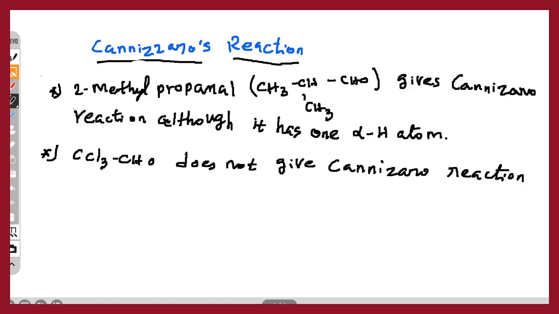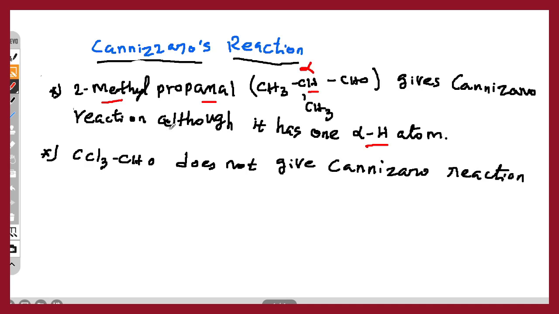See, important: 2-methyl propanal gives the Cannizzaro reaction although it contains 1 alpha hydrogen. This is the alpha hydrogen, and this compound does not give the Cannizzaro reaction, but it gives a haloform reaction. The Cannizzaro reaction is an example of a disproportionation reaction, and also an example of a redox reaction.